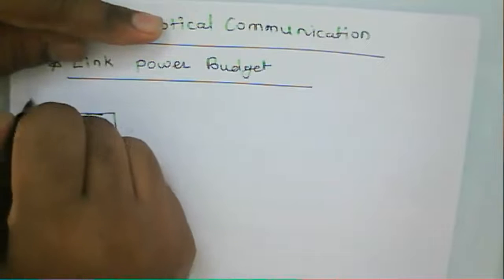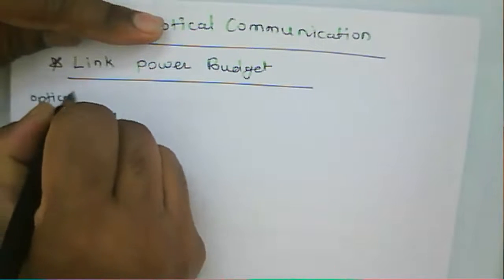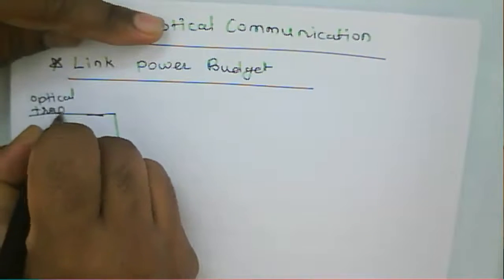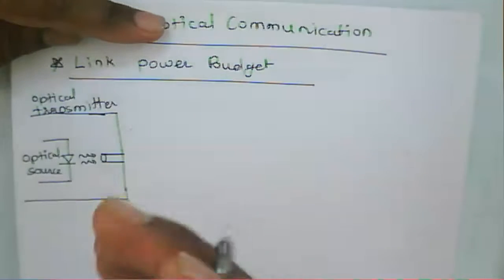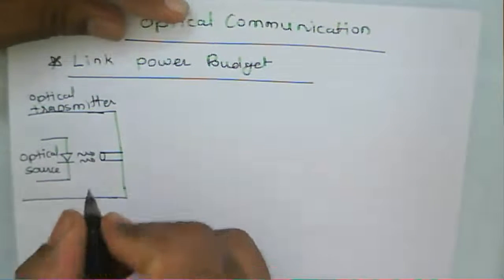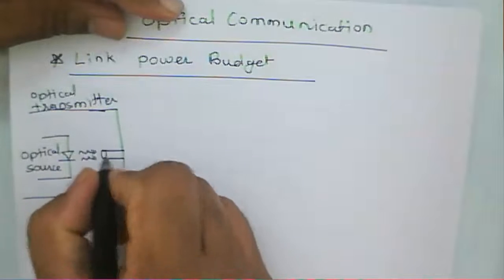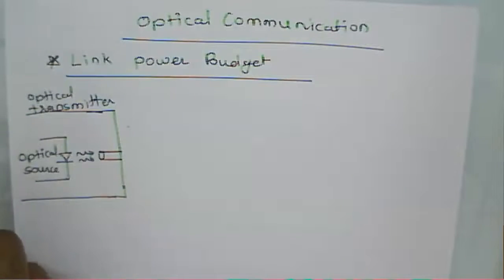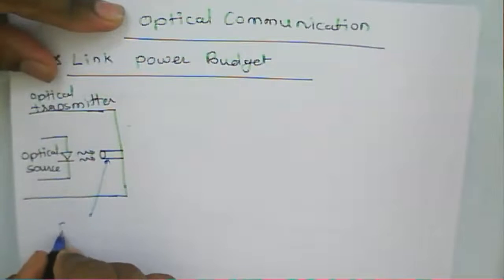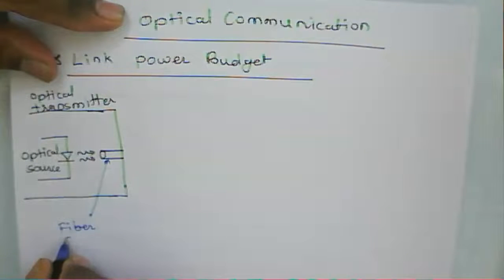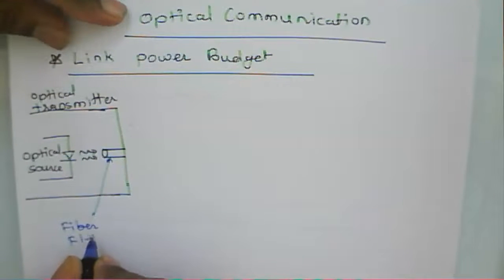Now this is a part of the optical transmitter, or your transmitter section, and this one we say is a fiber fly lead.